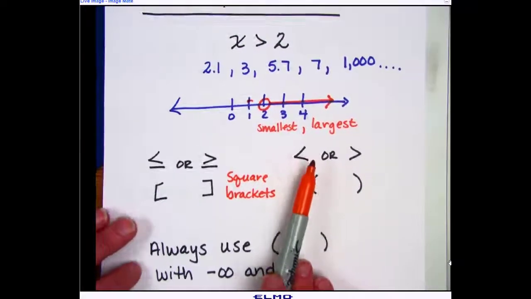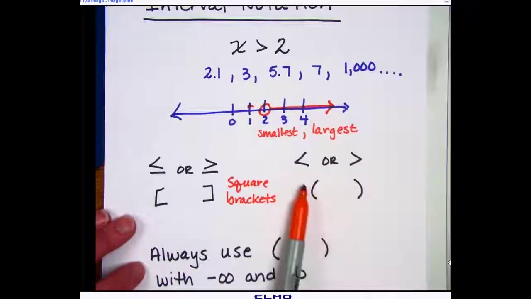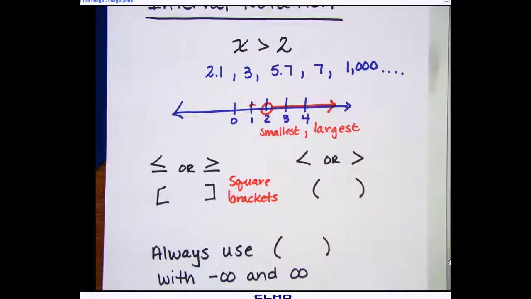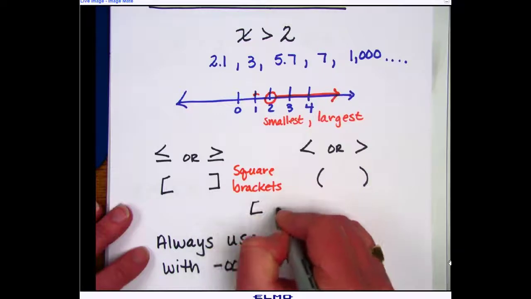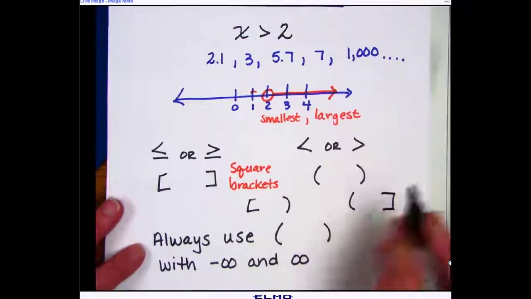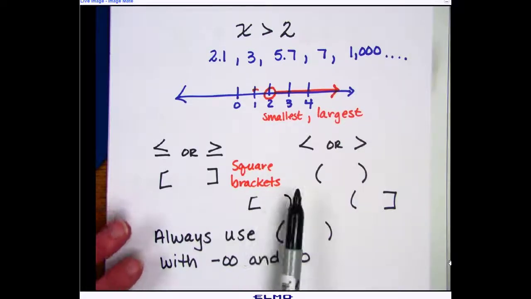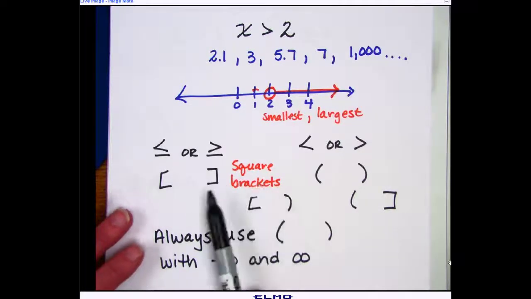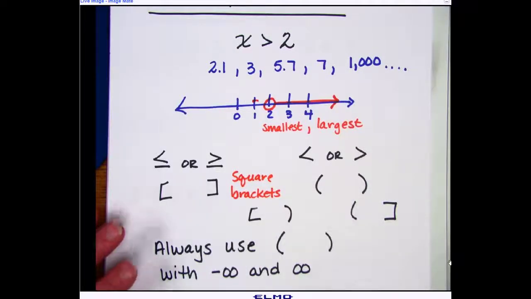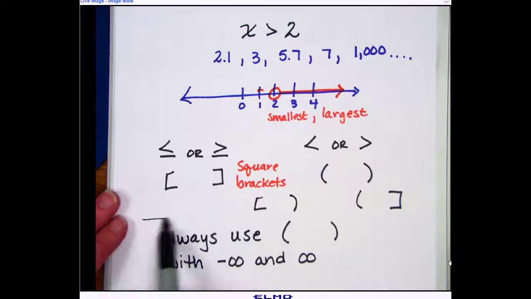If our inequality is missing the equal sign, we're going to use rounded brackets. And we can also use combinations that look like this: one square, one rounded, one square. So depending on what we're trying to say, we're going to have to pick our brackets, and I'll show you some examples that'll clarify that in just a second.